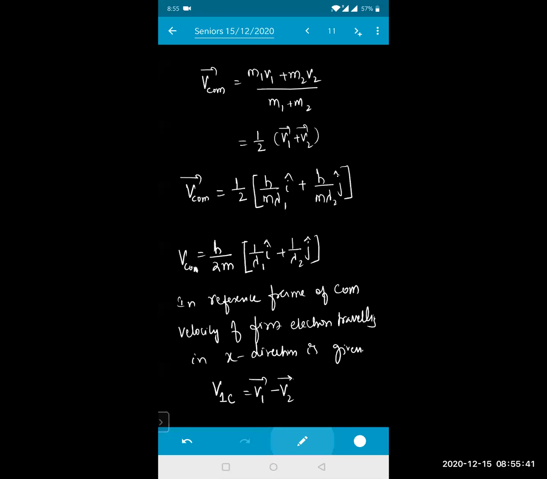Okay, so we already got the velocity of the center of mass. So we need to get the velocity of the center of mass of the given condition.